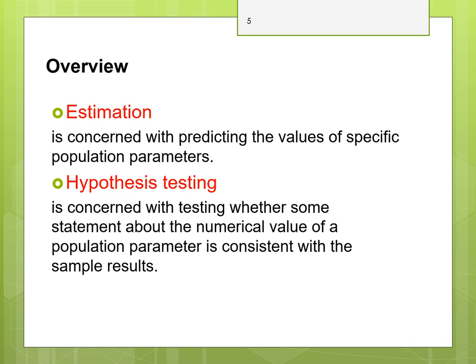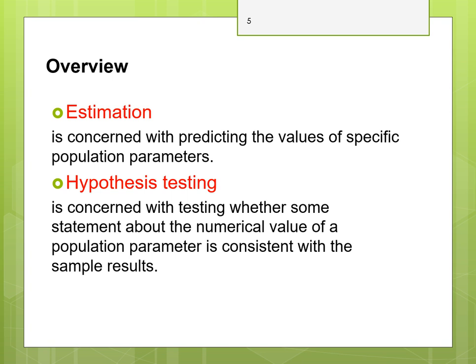So sometimes we want to know, for example, we have two medicines, medicine A and medicine B. We want to know which one is better, medicine A or medicine B. So we need to compare the effectiveness of these two medicines.